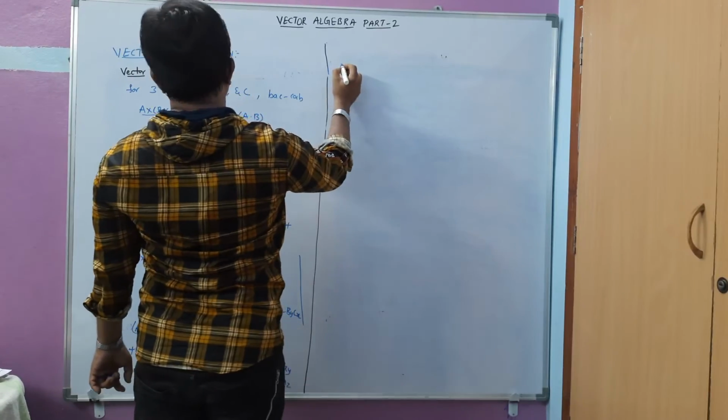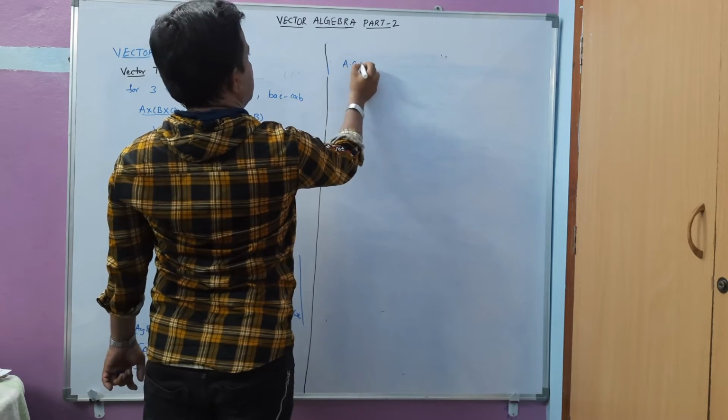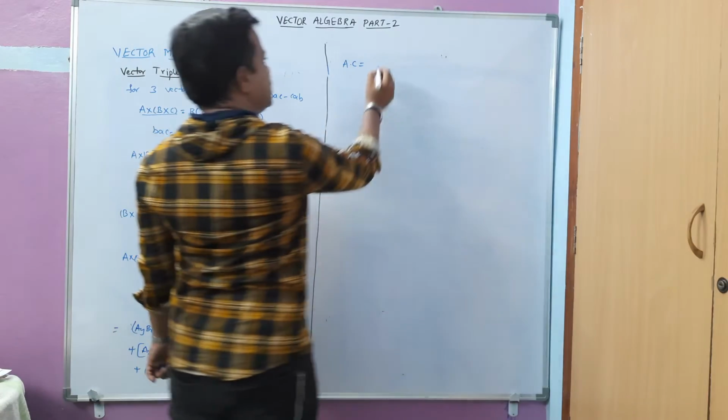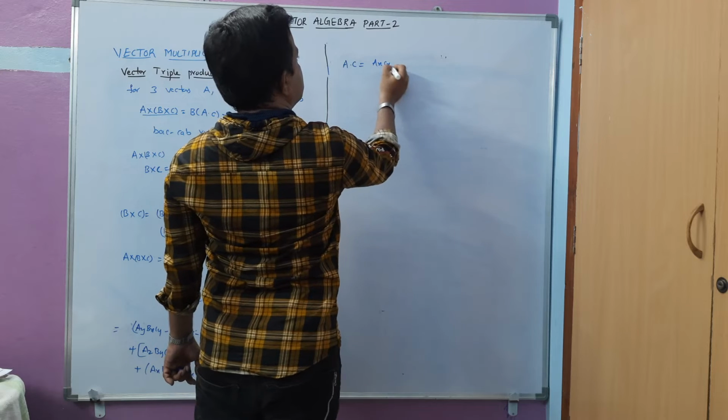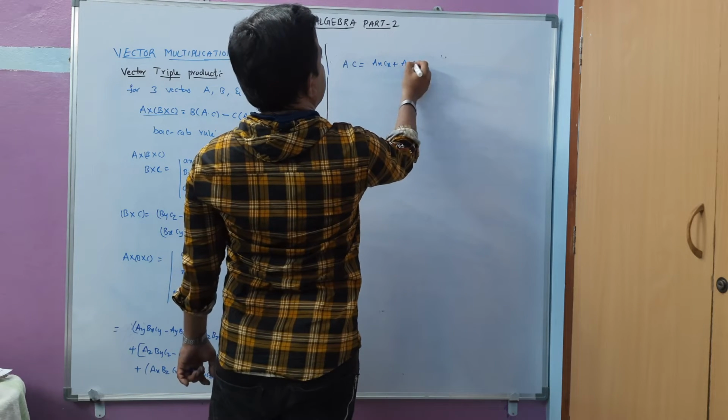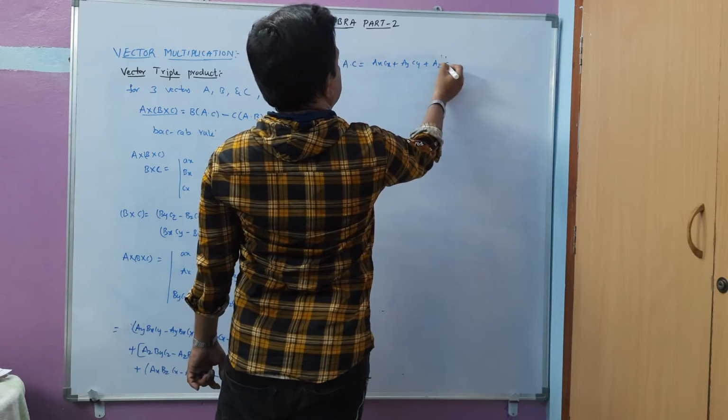First I will take a dot c. a dot c will give me the direct components, that is AX CX plus AY CY plus AZ CZ.